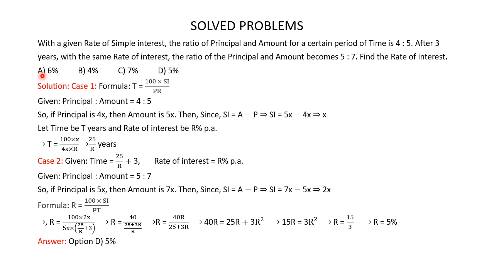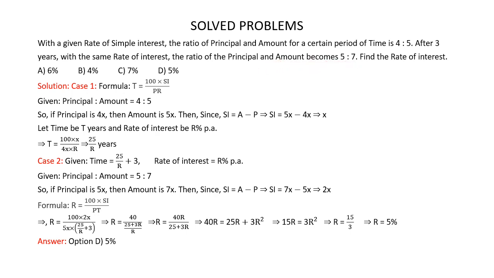Here you are given 4 options and you have to find out which of these options is the correct one. So here you have 2 cases: in the first case the ratio of principal and amount is 4:5, and in the second case the ratio of principal and amount is 5:7.